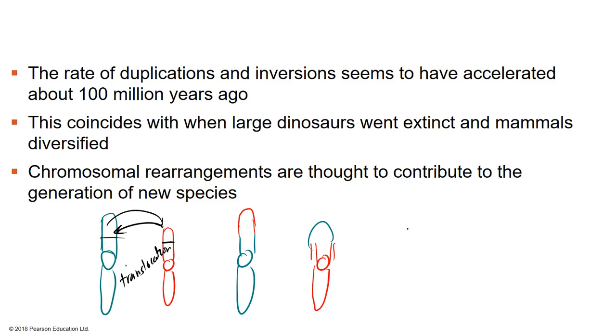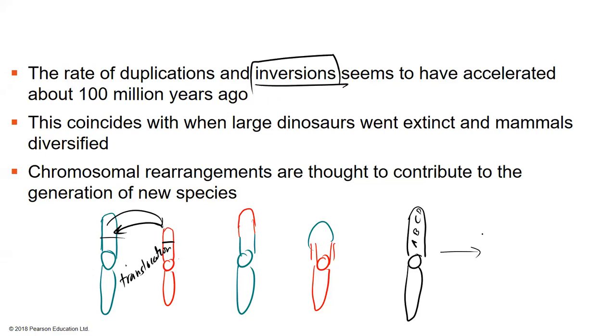But also sometimes what will happen is that within the same chromosome, let's say that here we have gene A and gene B and gene C and gene D. What will happen is something called inversion.